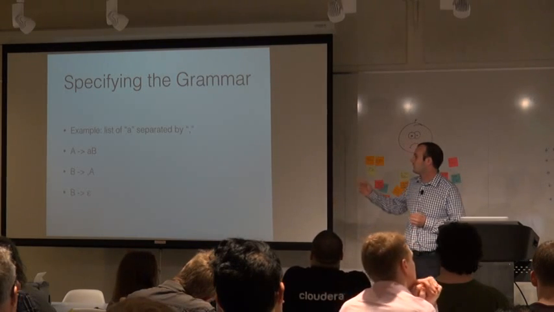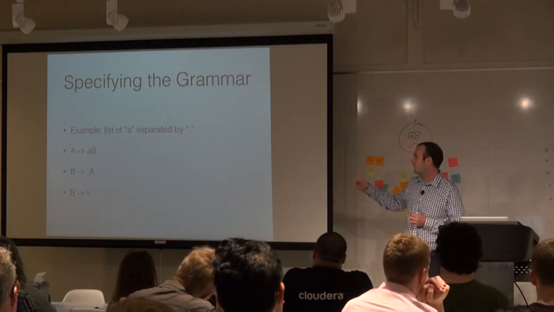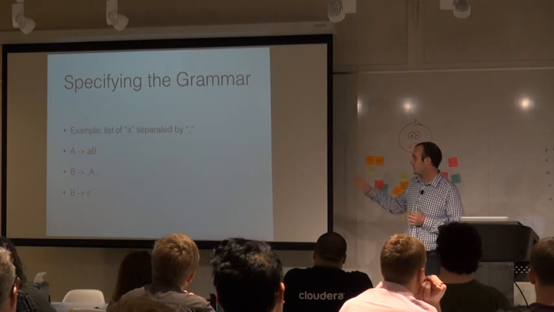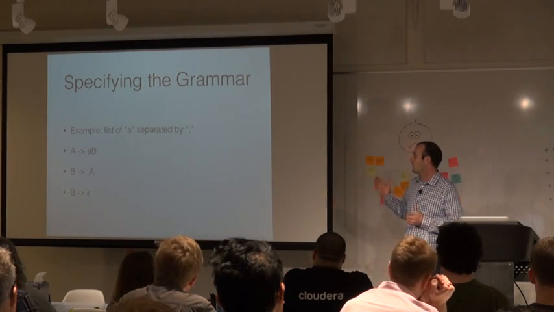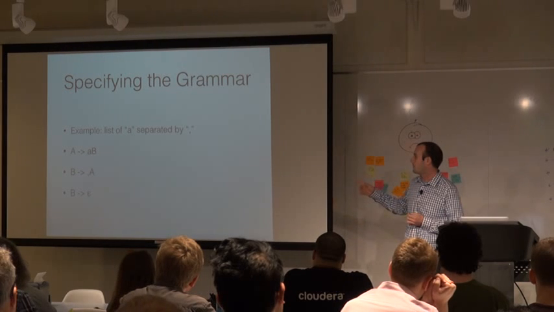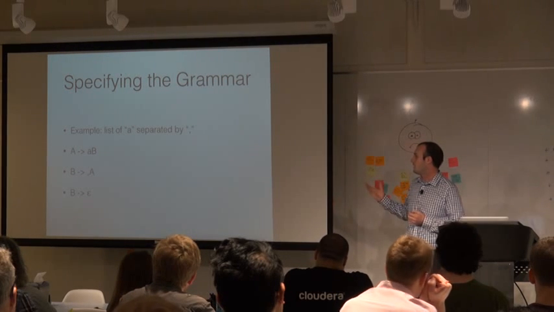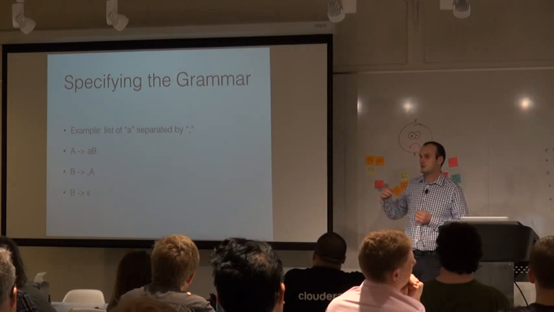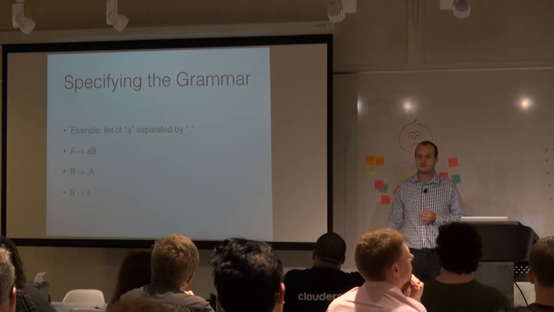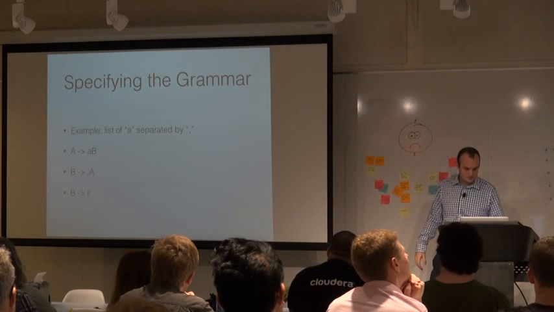So A becomes a B; B becomes either nothing, in which case we have an a, or B is comma A, and then A could be another a. So this is a grammar for a, comma a, until B is nothing, and then you have nothing. So it's a list of a's separated by commas.